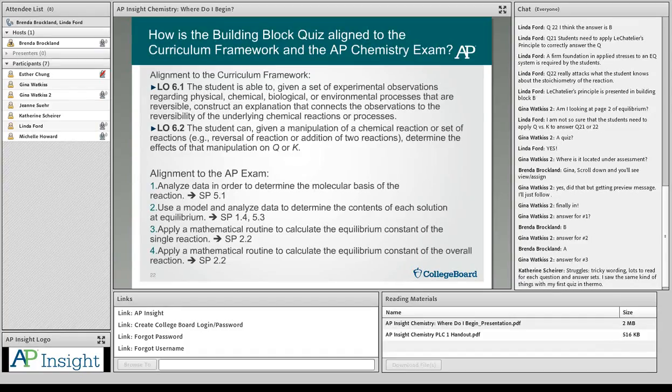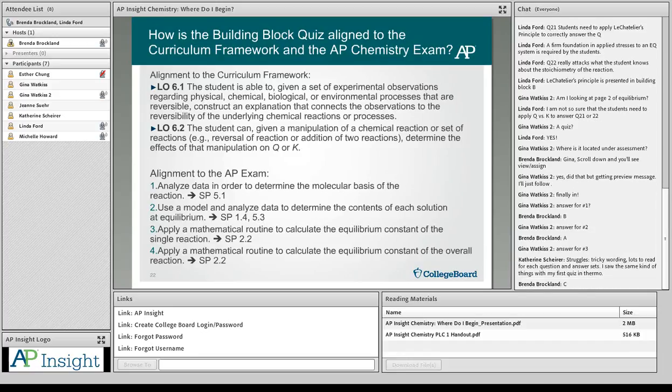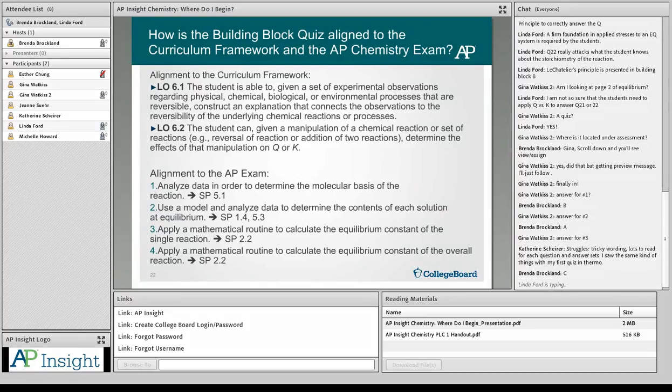And Katie, you're absolutely right with the struggles, right? The wording is challenging. There is a lot to read for every single question. And what I tell the students to do, and here's a plus as well as a flaw: if you do the Insight program online, you of course end up with the kids having to use scratch paper and pencil without being able to write on the question.